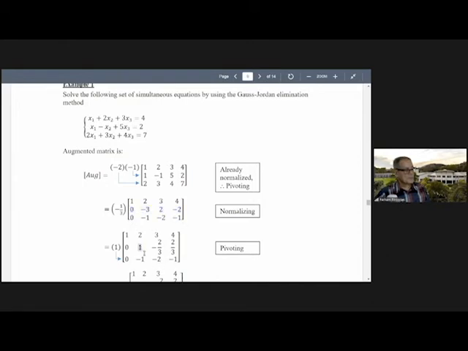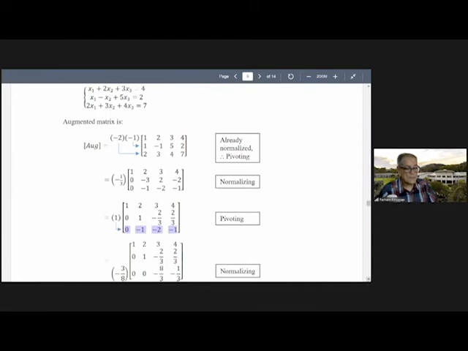Now that we did the normalizing, it is time to pivot. Use this one as a pivot element to make this one 0. How do we do this? In this case, we can just add them together, or better to show the procedure, we multiply it by 1 and add it to this one. So add this row to this row.